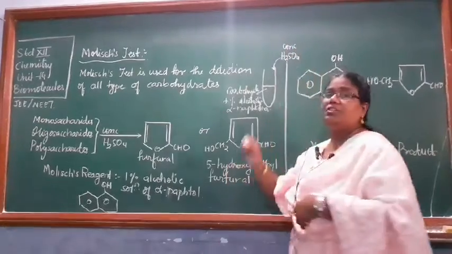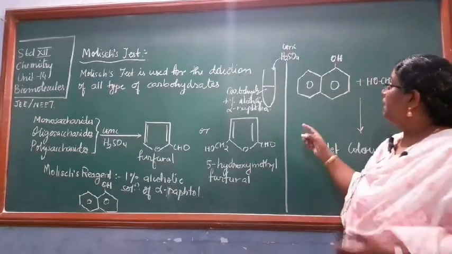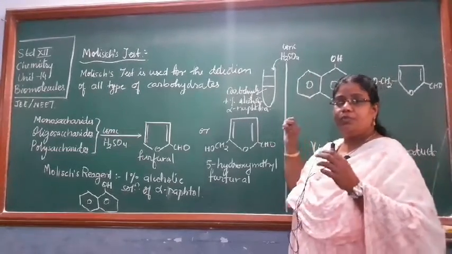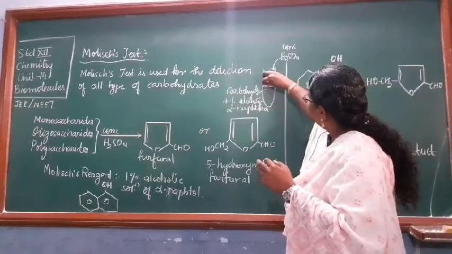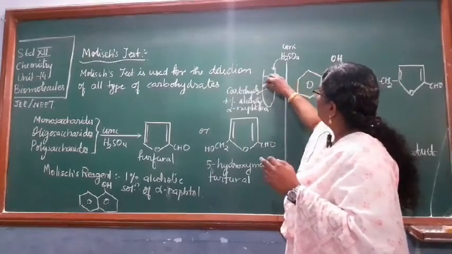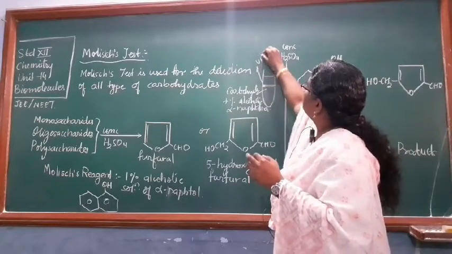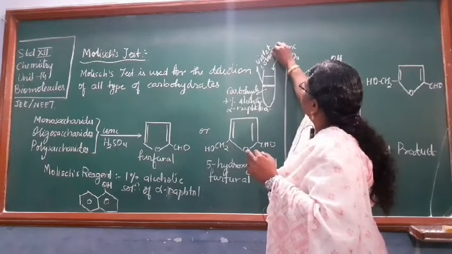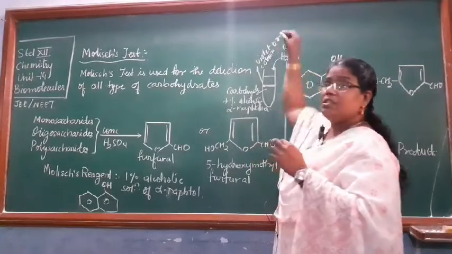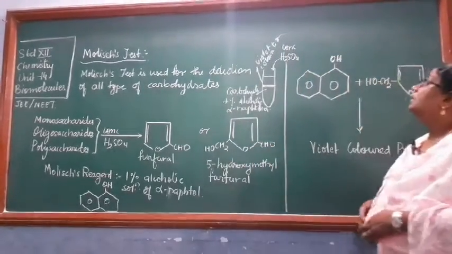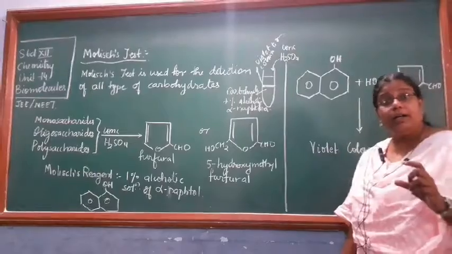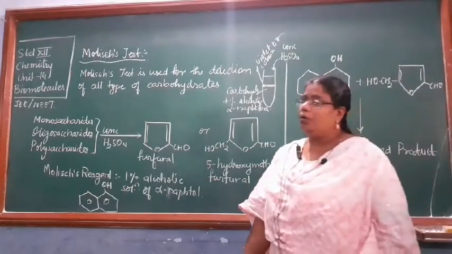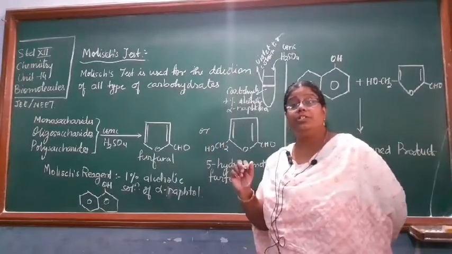So, what will happen at the junction? Now, you have added H2SO4. At the junction of the two solutions, you will find a violet coloration. So, this is how you can understand the test. If a violet coloration is coming, it means your compound is a carbohydrate. So, this is what we call the Molisch test.